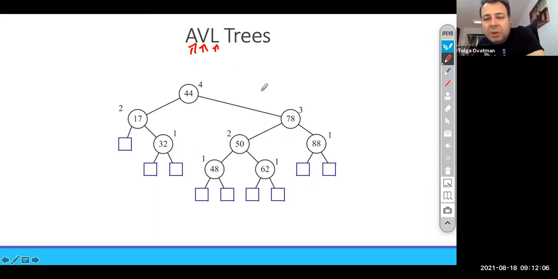What you do in an AVL tree mainly is annotate each node with a balancing factor. The balancing factor is a number that shows the maximum depth of a leaf when you consider that node.